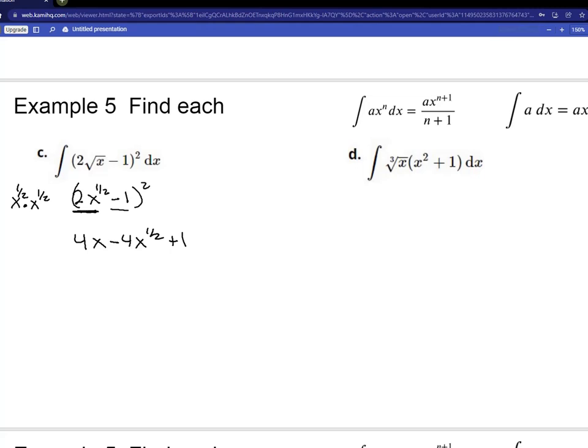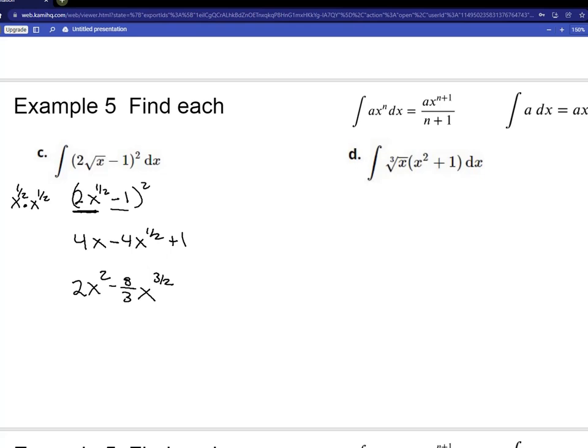How are we going to integrate it? You add 1. First you write down the x, you add 1, and then you do 4 divided by 2, which gives you 2. And then you do the same thing: write down the x, add 1 to 1/2, you get 3/2, and then you'll get -8 over 3, when you multiply by the reciprocal.